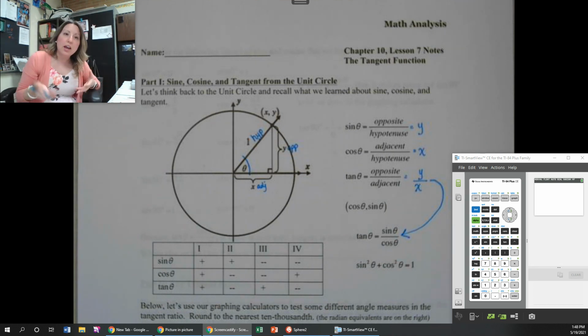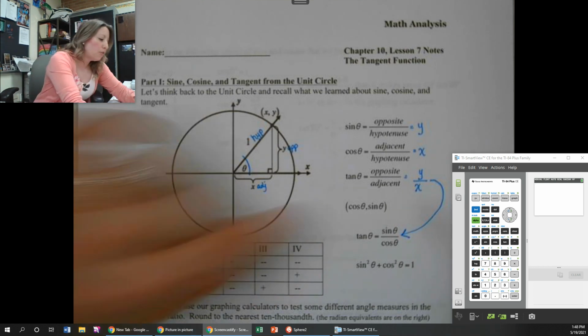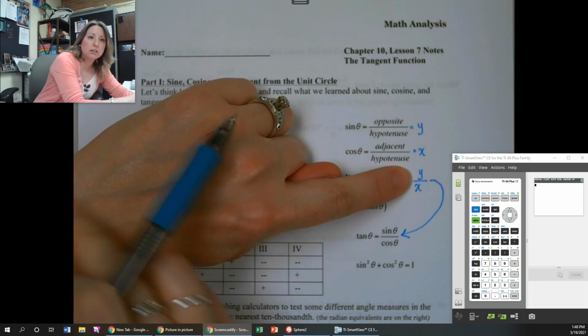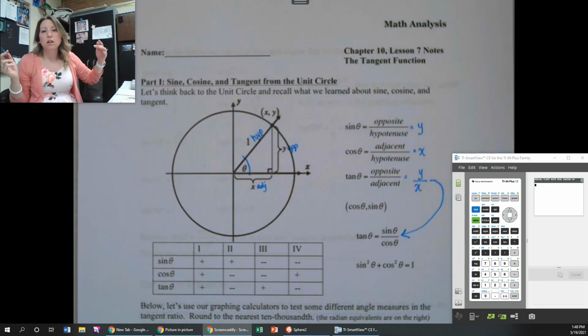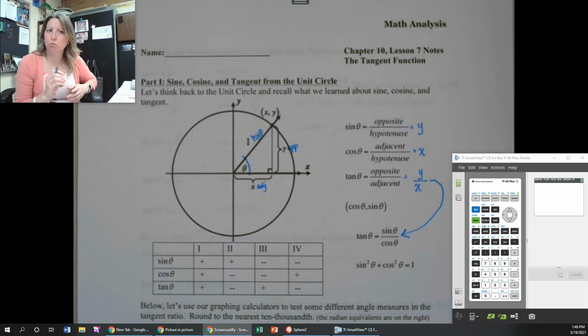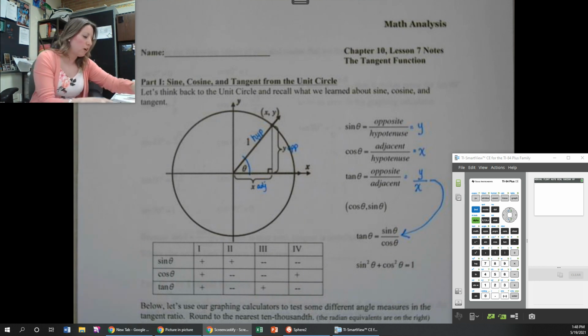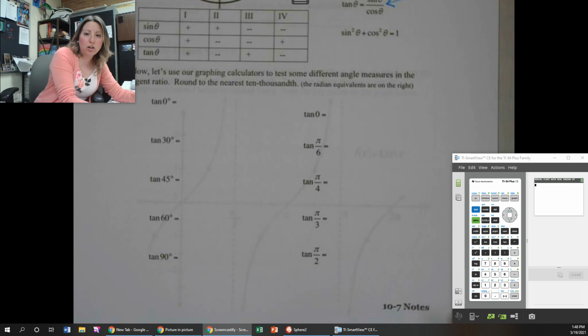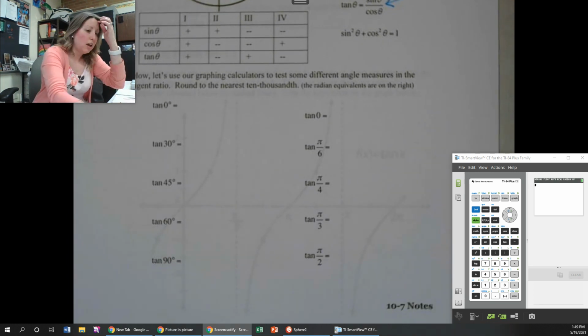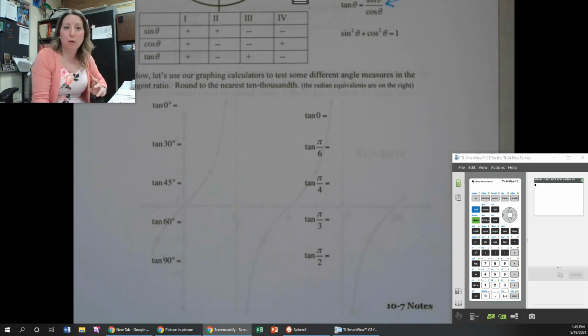But the thing that happens because of that relationship, because the relationship is the y divided by the x, is there are spots where some real funky stuff happens in the tangent function. So let's look at the tangent trig function in each of these spots.